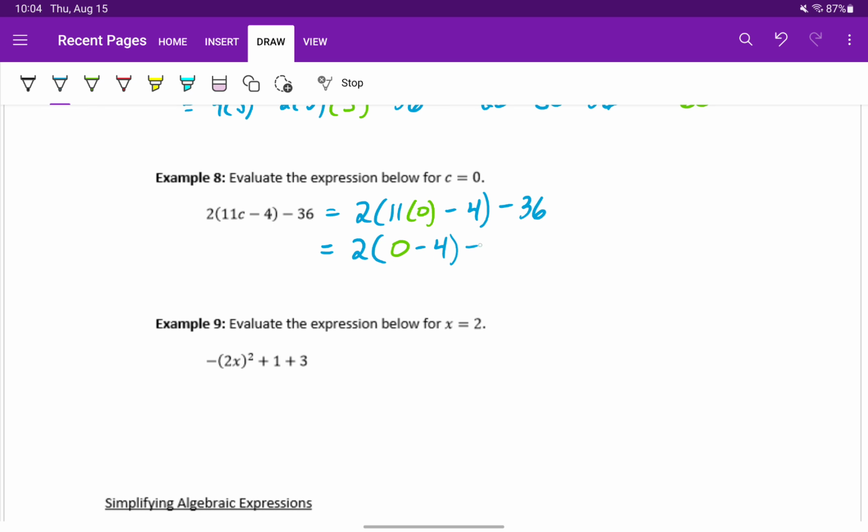Minus 4 minus 36. Still completing what's inside the parentheses, we'll have 0 minus 4, or negative 4, minus 36. Taking 2 times negative 4 will give us negative 8, minus 36, for a final answer of negative 44.